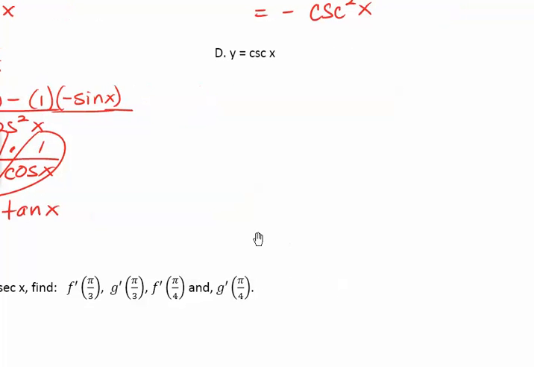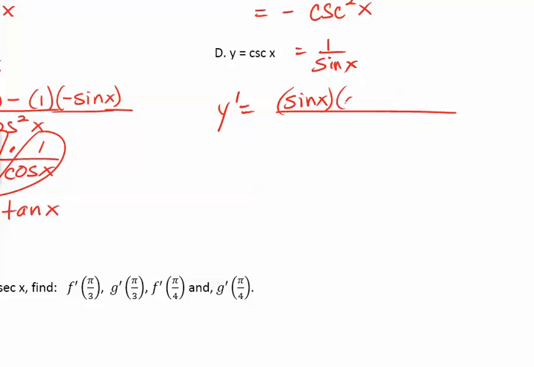And finishing up our process, cosecant by definition is 1 over sine. So we've got low d high, the derivative of 1 is 0, minus high d low, all over the denominator squared. And we've got a 0 term minus a cosine.